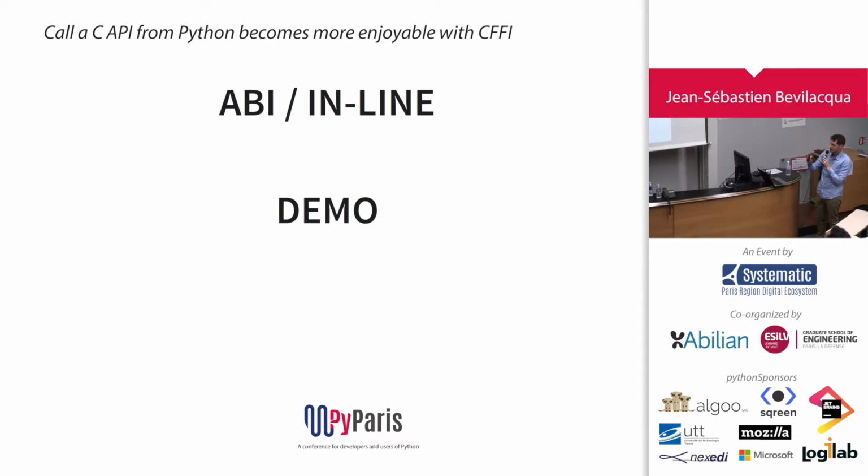Your Python extension is robust, fast, and easy to maintain. With this API mode, you can't have a segmentation fault due to a mismatching API. You can have a segmentation fault if you have one in your C code, but not because of a mismatching API. Moreover, it adds a convenient feature here: you can replace useless values by three dots, but I will not go into detail on these features.